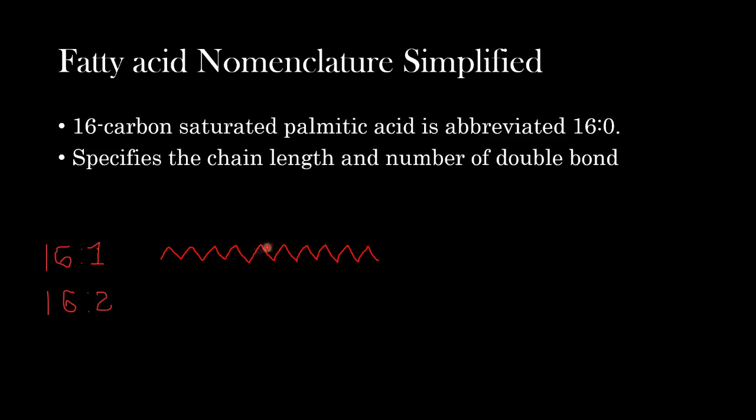The 1 and the 2 specify the number of double bonds. Since this is 16:1, there will be only one double bond in this fatty acid. And there is a COOH group. So I have just drawn the fatty acid like this, with the COOH in front of this.